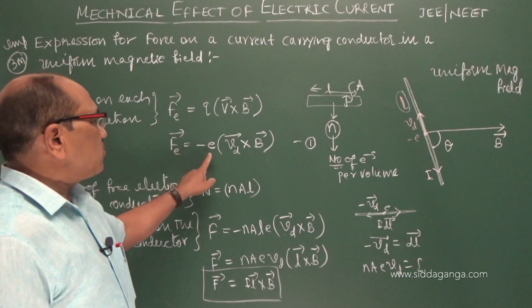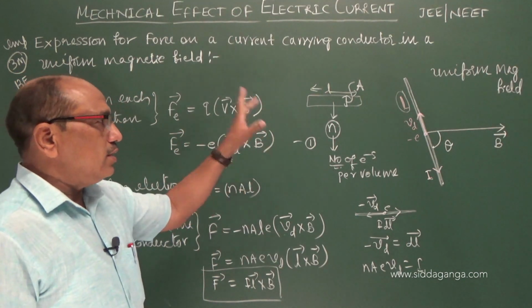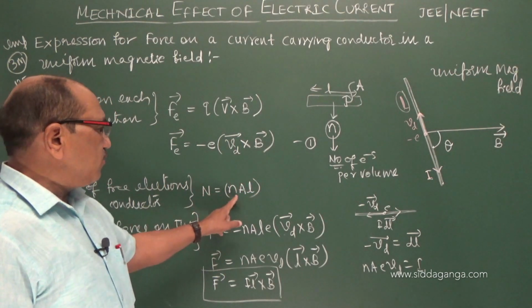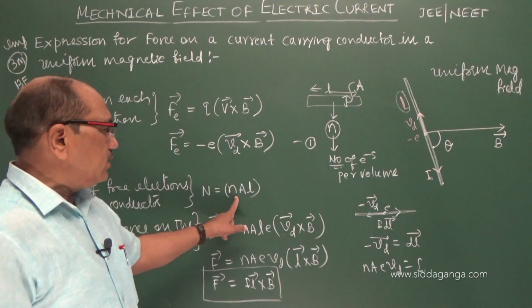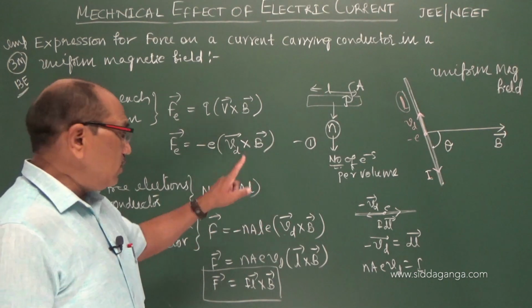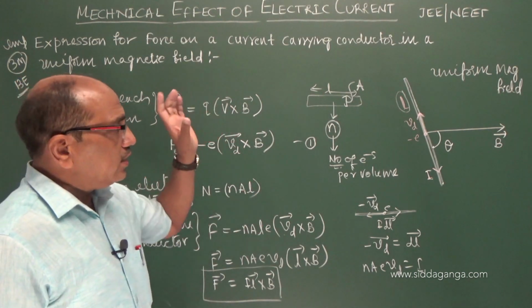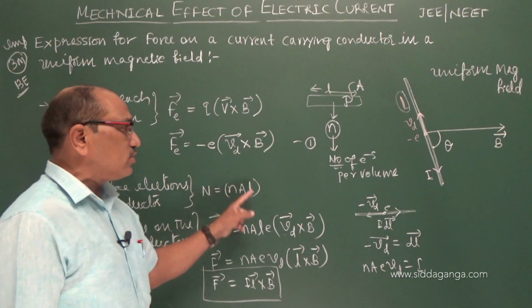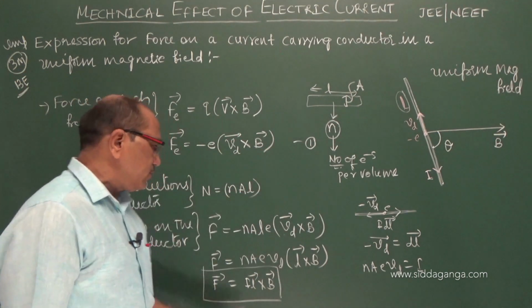Each electron experiences a force of this much. In the given length and area of cross section of the wire, the total number of electrons which constitute the current is nAL. The force on the conductor is nothing but the force on all free electrons that are drifting in the conductor.